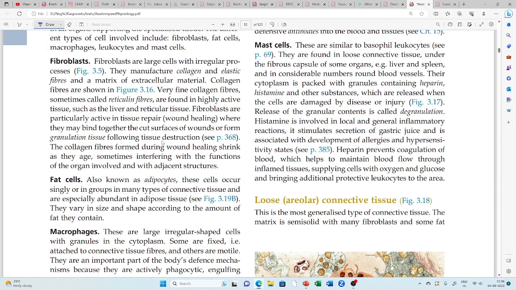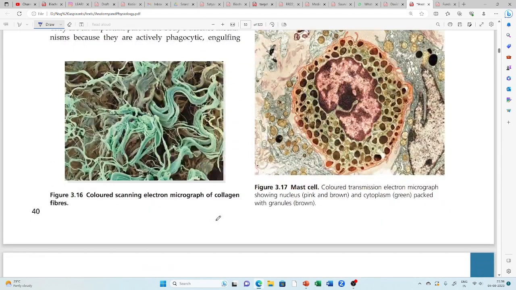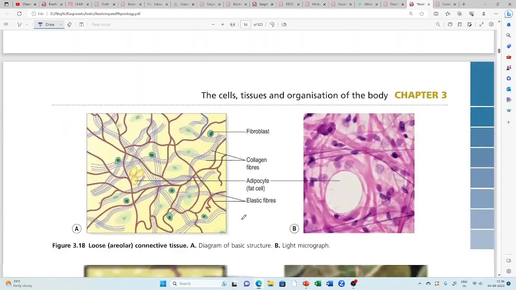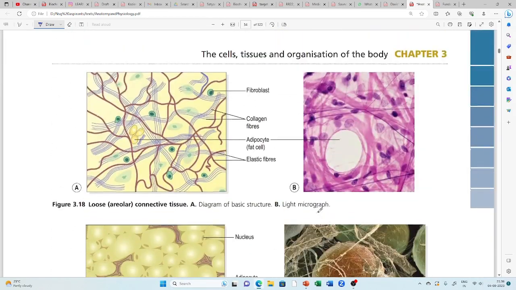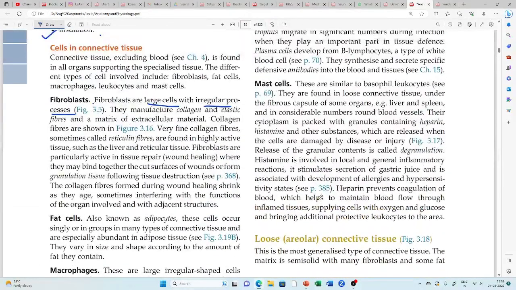Fibroblasts are large cells with irregular processes. I don't know whether the pictures are showing here or not. We'll see whether there are any pictures. Anyway, you just read this one. Fibroblasts are large cells with irregular processes.